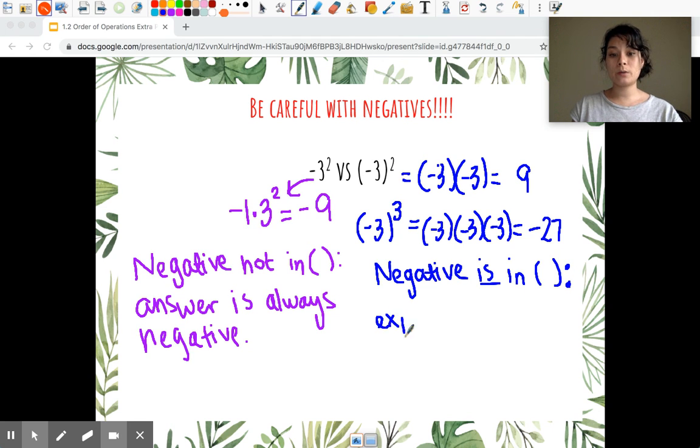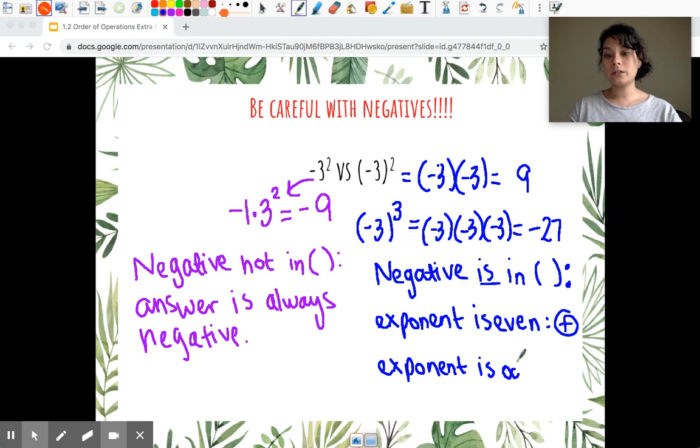If your exponent is even, numbers like 2, 4, 16, 20, you're going to get a positive answer. If your exponent is odd, numbers like 7, 9, 21, you're going to get a negative answer.